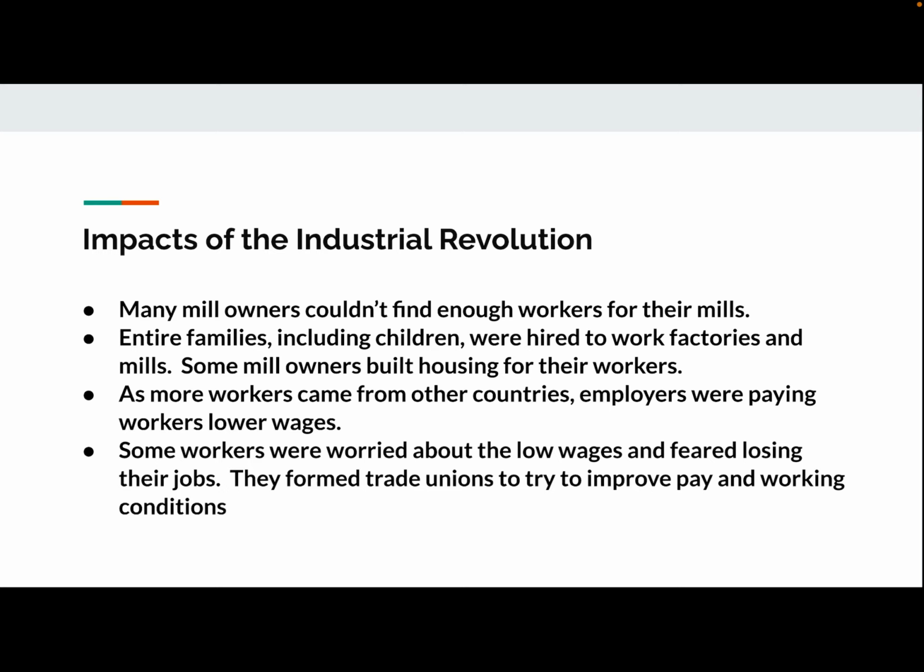It really impacted the workforce and the way labor was seen. We have Labor Day in September as a way to recognize people's labor in the workforce.